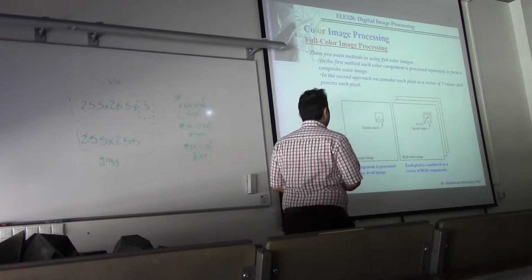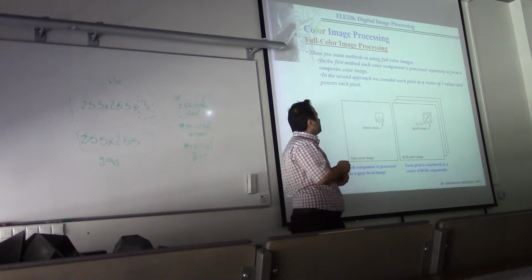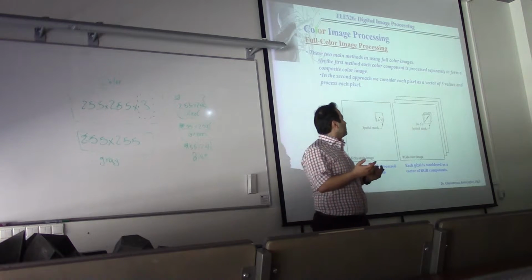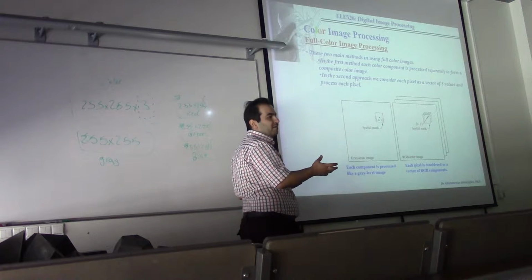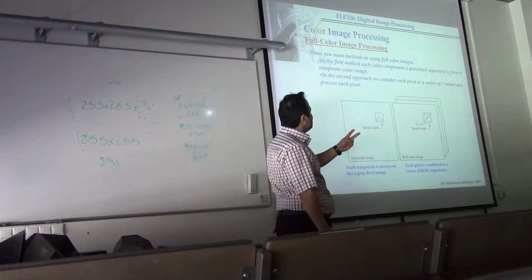And also sometimes you want to apply some filter, or you want to work on the RGB color image, in general the color image. There are two ways that you can do this.